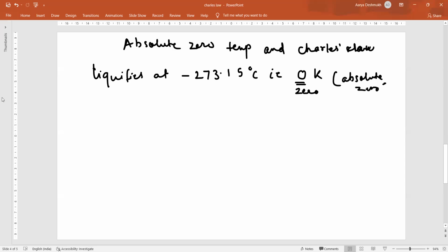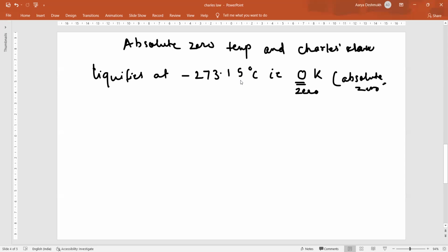It means all gases get liquefied at a temperature higher than this quantity, minus 273.15. And this is the lowest temperature that can be imagined, but practically it cannot be attained.